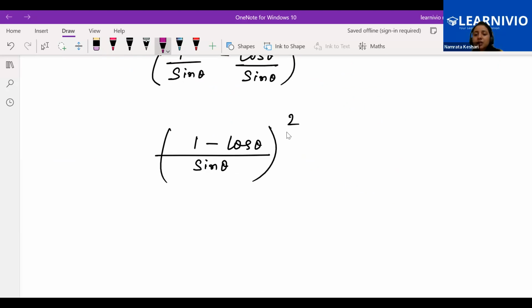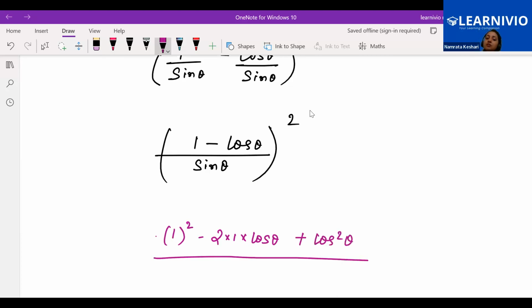Aisha, Afnan, you two have already used the identity. Can we use the A minus B whole square identity? Yeah, A minus B whole square is A square minus 2 into A into B plus B square. That's the formula.